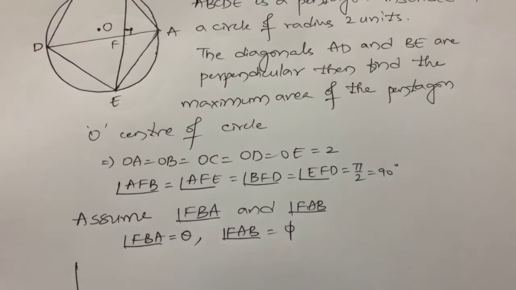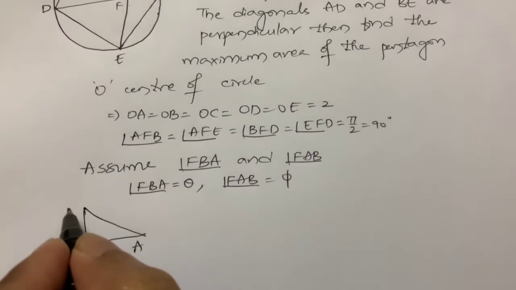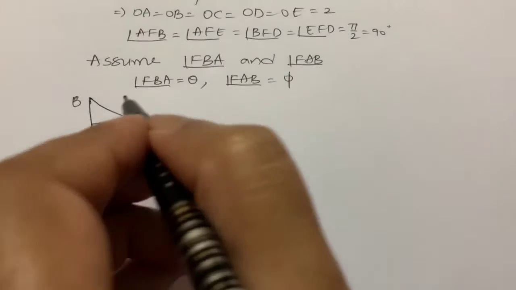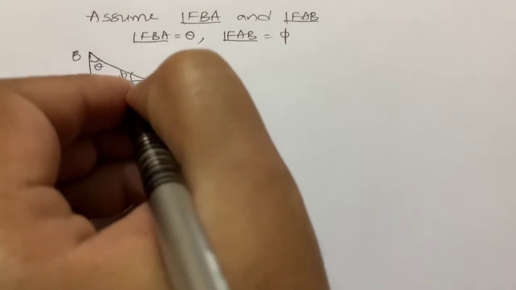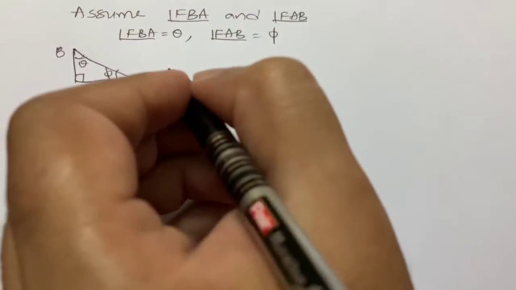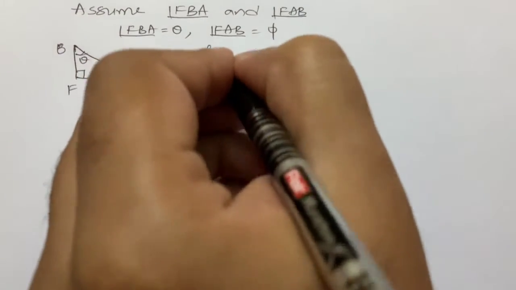Angle FBA is equal to theta, FAB is equal to phi. If you look at triangle AFB, FBA is theta, this is phi. Sum of angles in a triangle is 180 degrees.